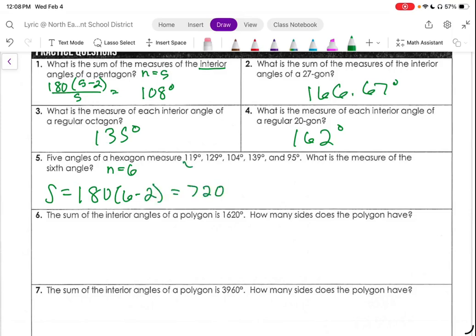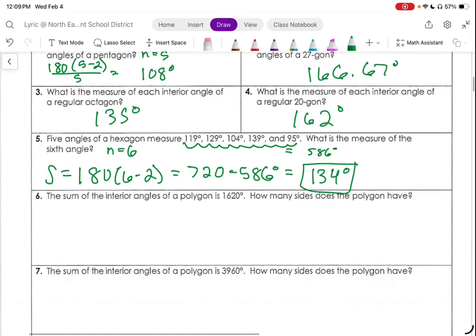Now we add up all of the angles we have together, which gives us 586, and subtract that from the total. That leaves the missing angle of 134 degrees.